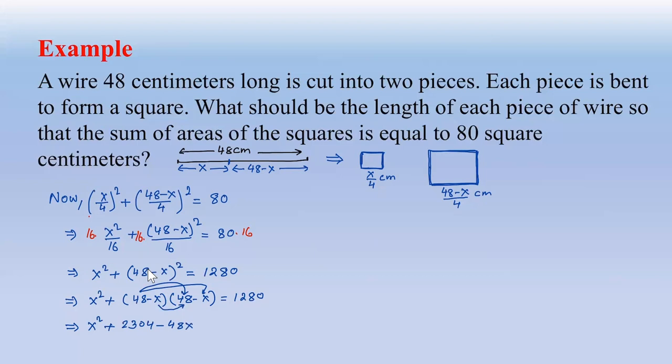X times 48, again with the negative, is negative 48X. And negative X times negative X is X squared, equal to 1280.